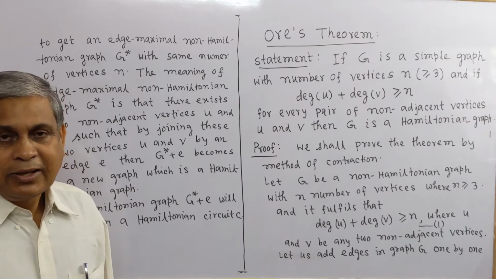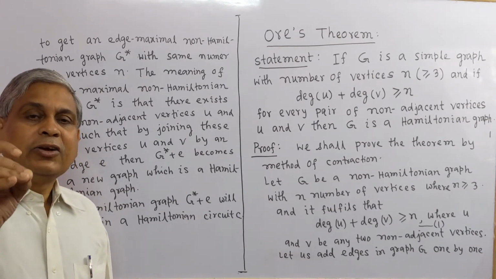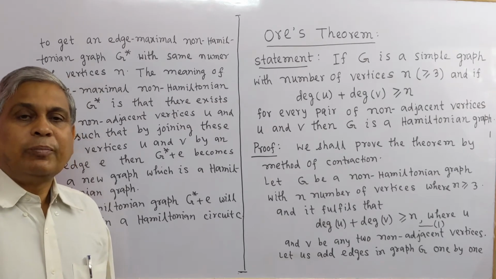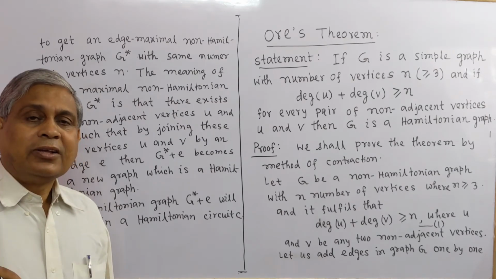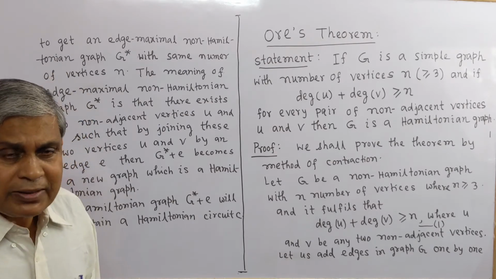And conversely, if we delete one edge from a Hamiltonian circuit, we get a Hamiltonian path.